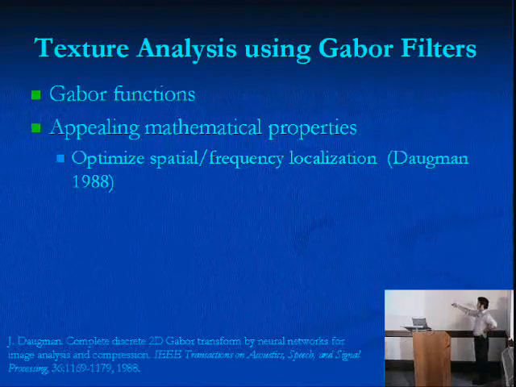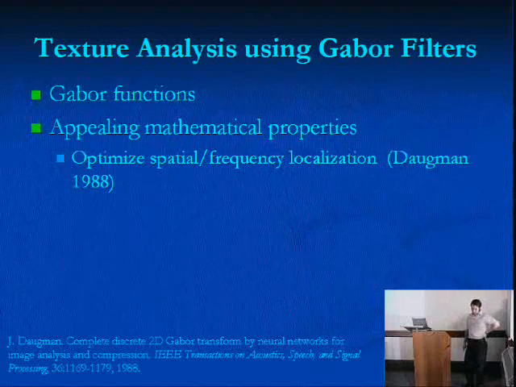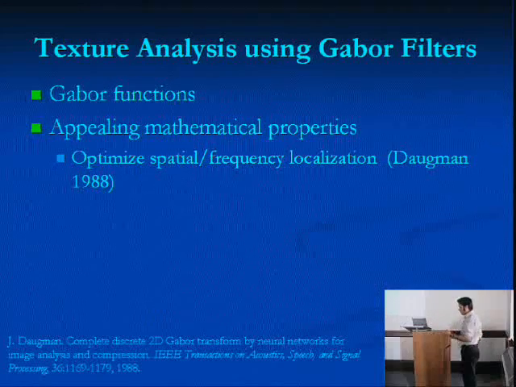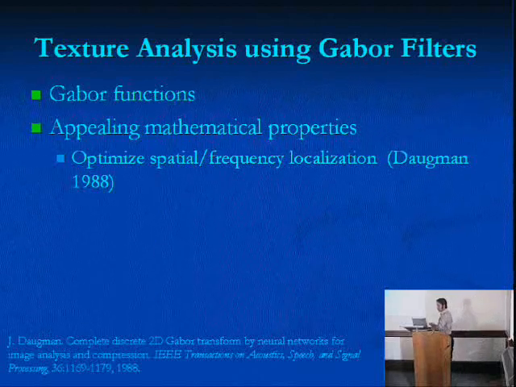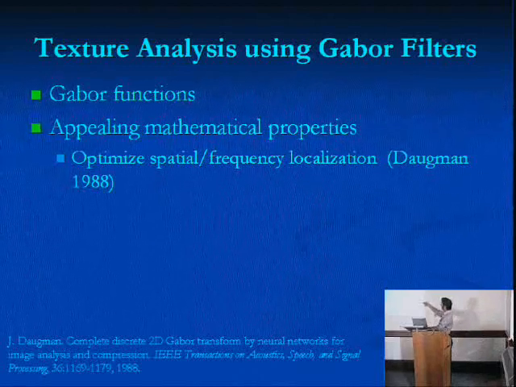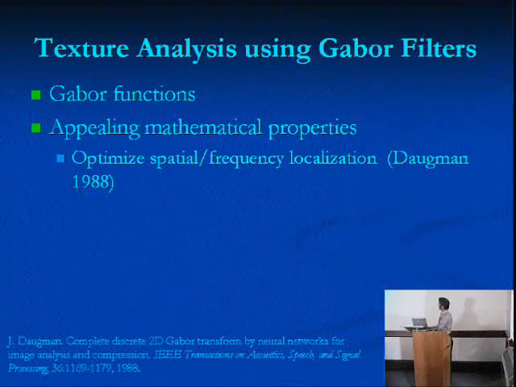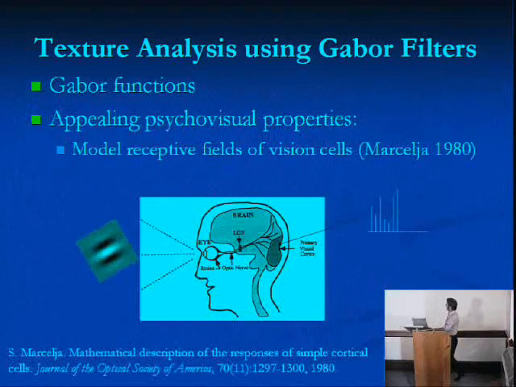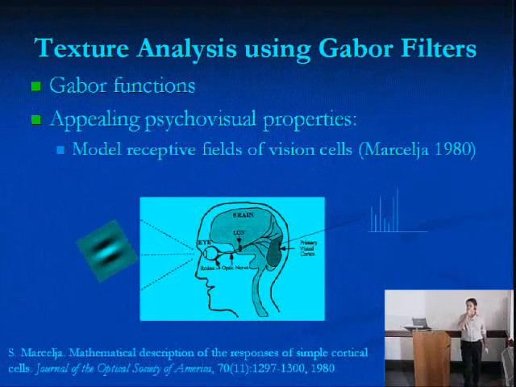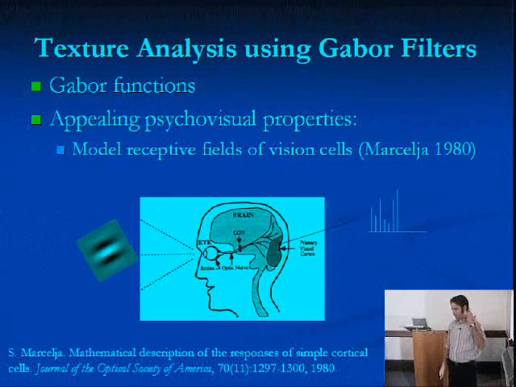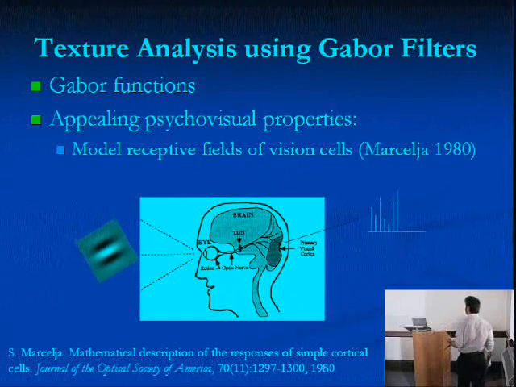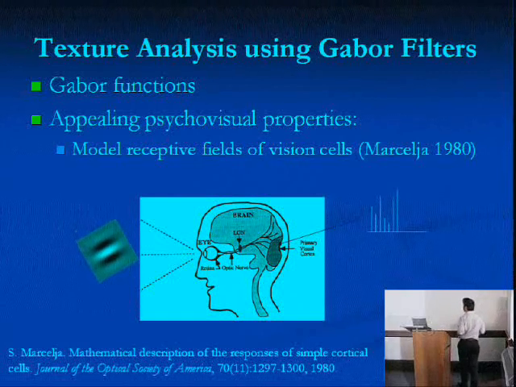This basically says that they optimize your ability to tell what frequencies, or what kinds of repetitive patterns, are occurring where. And an interesting thing is that there's perhaps some psychovisual evidence that Gabor-like filtering actually occurs early in mammalian vision.